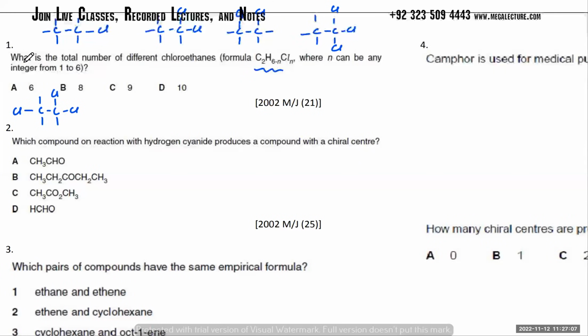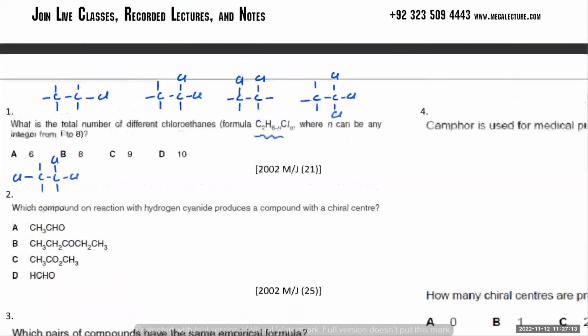Theek hai, there's no other isomer possible if I have 3 Cls. Is that clear?